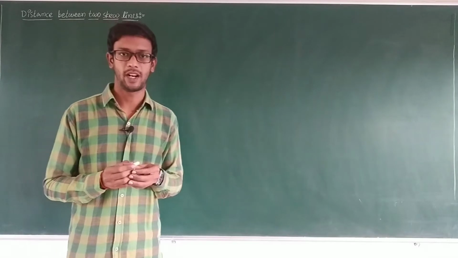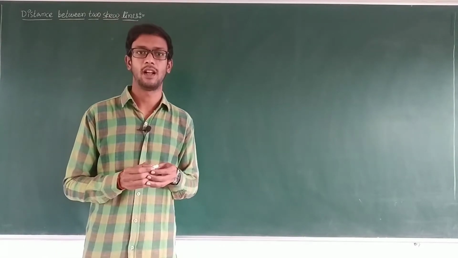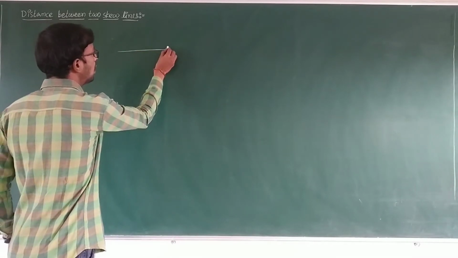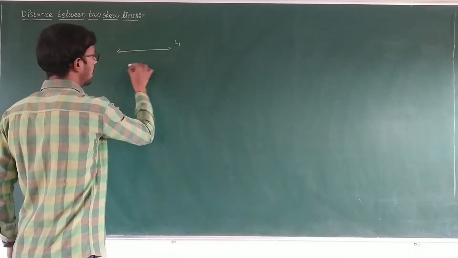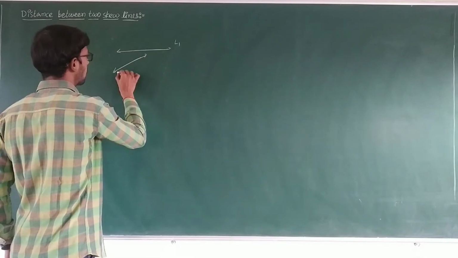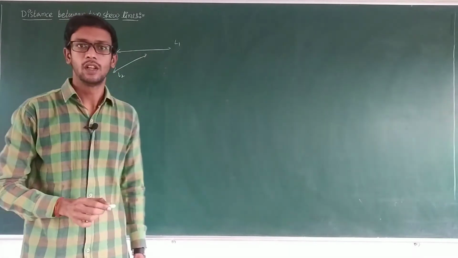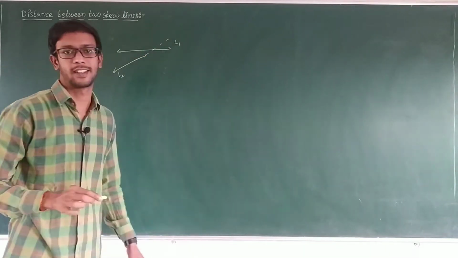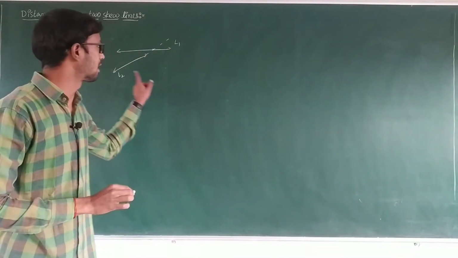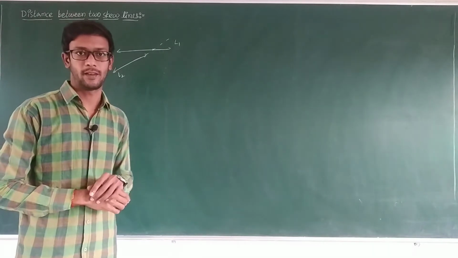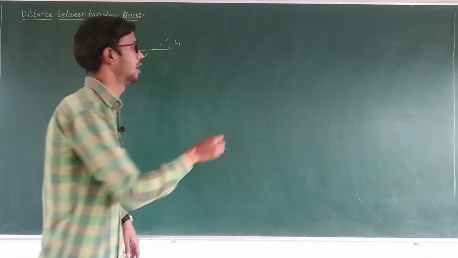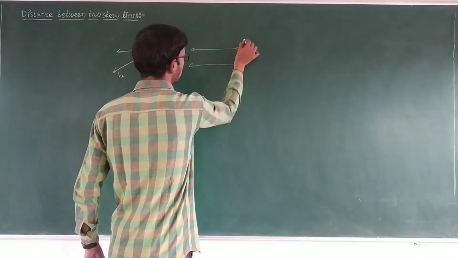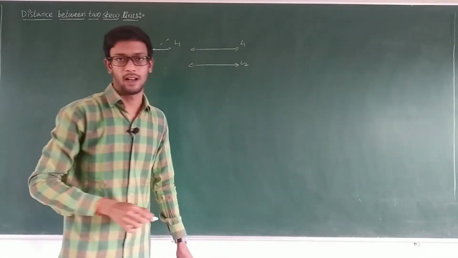In 2D geometry, in 2D space, two types of lines are there, L1 and L2. These two lines, if you extend them, either intersect, otherwise the two lines are parallel.